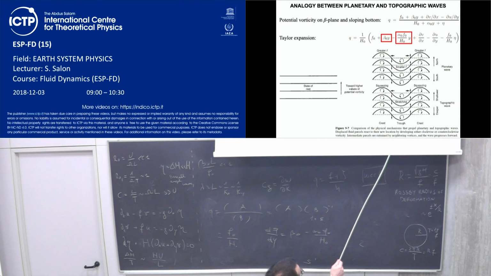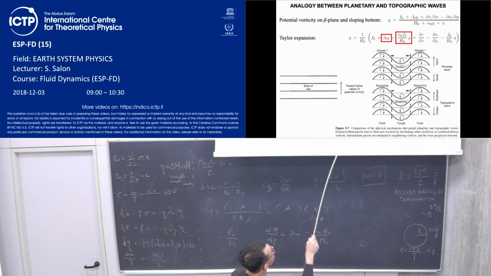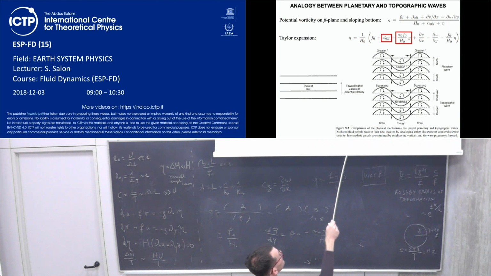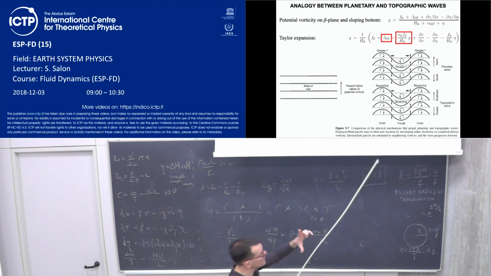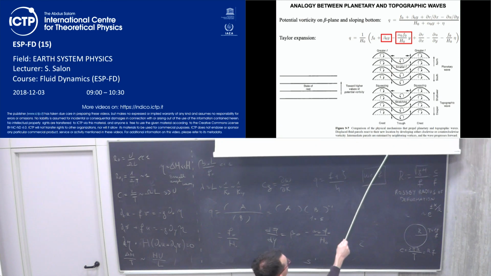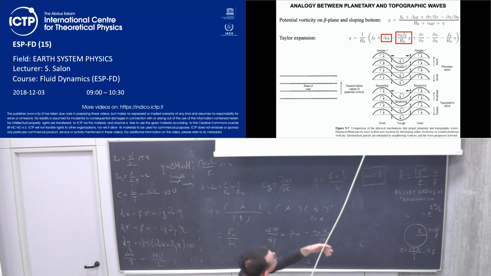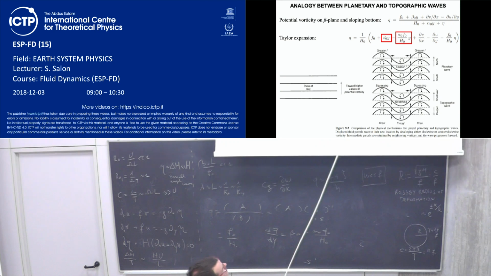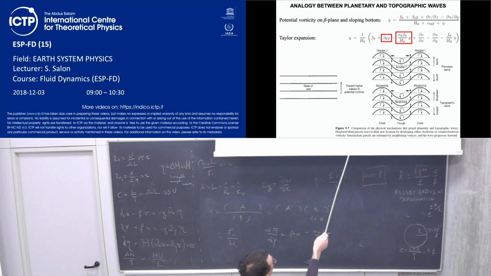A similar explanation can be found also for the topographic wave, where we have not just a change of vorticity, so with greater f and smaller f, but a change in the dimension of the fluid column. So since this is a shallower side, I'm going to squeeze. If I squeeze, of course I create some vorticity which is clockwise.